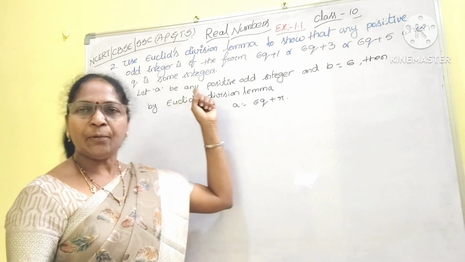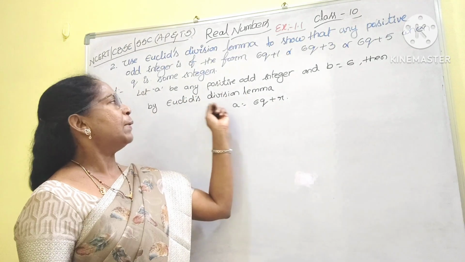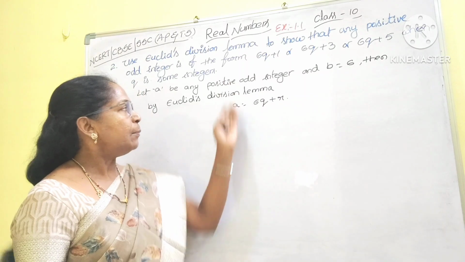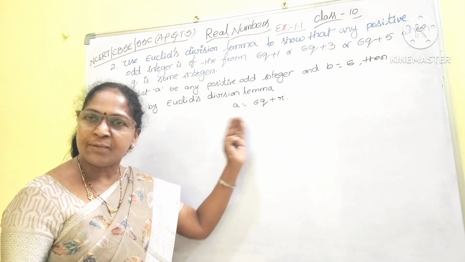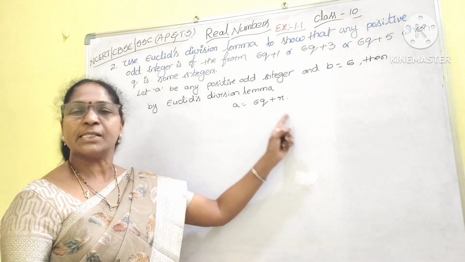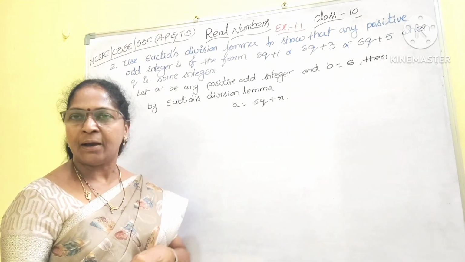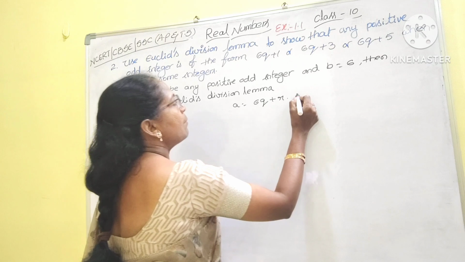Whenever you know the A value and B value, then by applying Euclid's division lemma, A equals 6Q plus R, where Q is some integer.